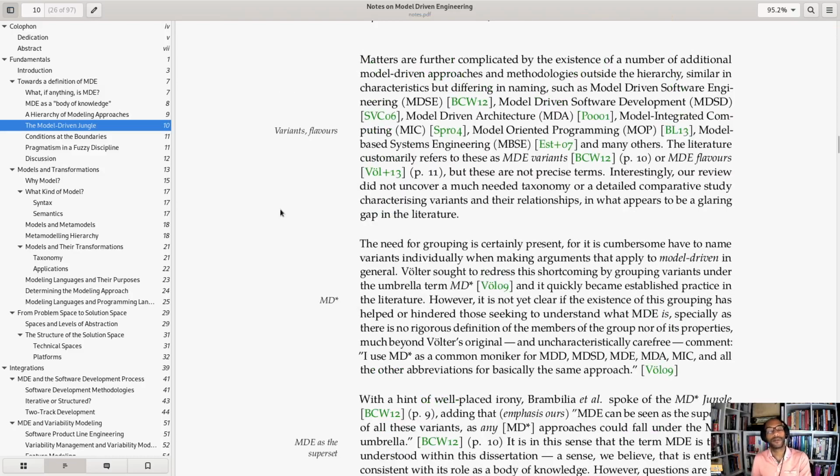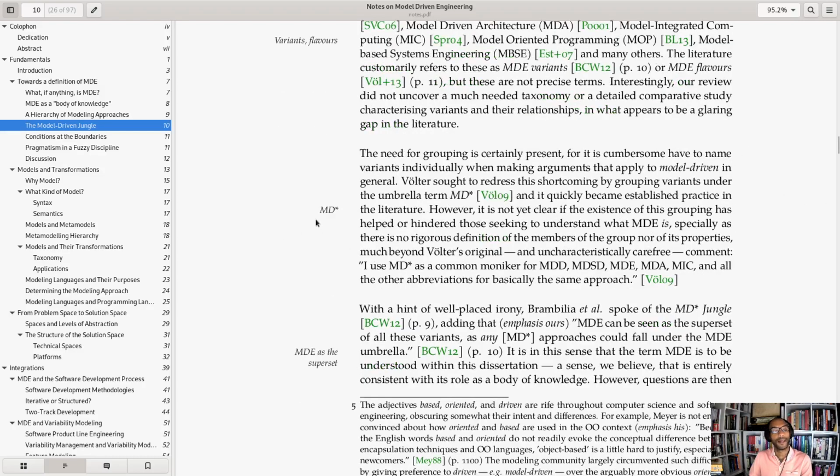Each of these will have their own definition of what they think the field is and how it's supposed to work. And because they are really similar, once you abstract yourself from the details, they end up being called MD variants. So there's this notion of the body of knowledge, and then there's this notion of the application of the body of knowledge in a specific variant, or flavor.